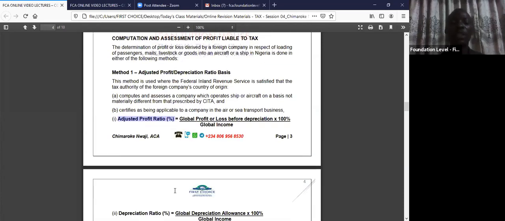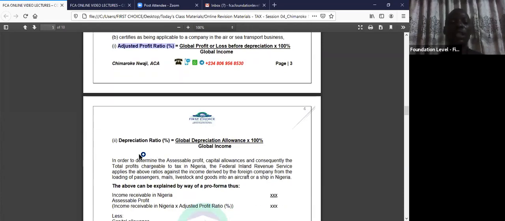In the same vein, you will do what they call the depreciation ratio. Depreciation ratio is to look at the global depreciation, then divide by your global income.